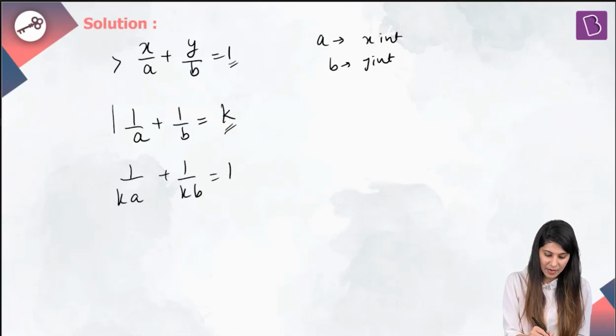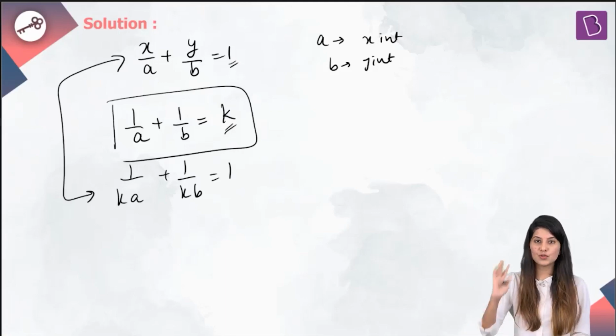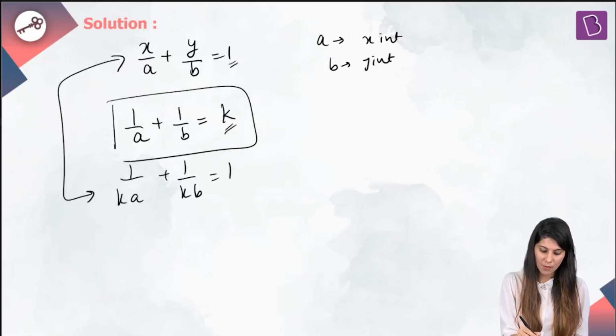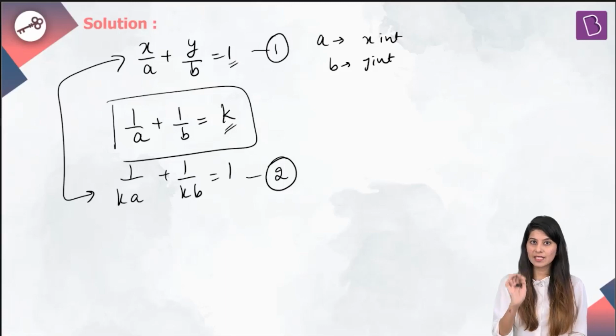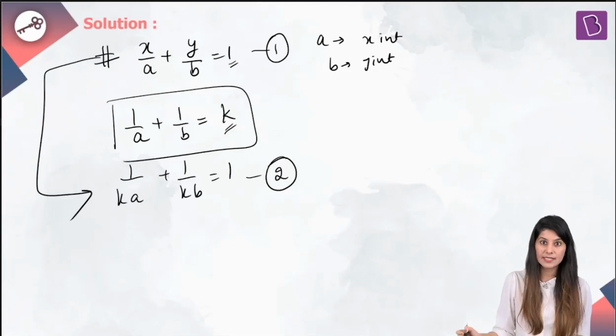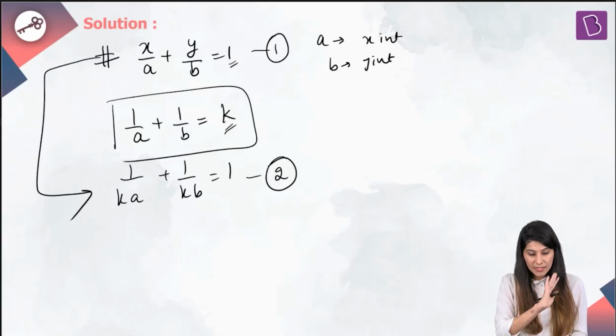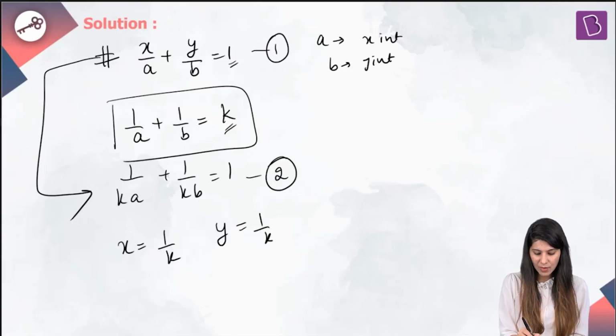Now forget this part and remember these two, only these two. You just need to look at equation number 1, equation number 2 and let me know the one thing which you are able to see. Which value of x and which value of y you need to put in this particular equation so as to get this equation? It is pretty simple that in the place of x I am putting 1 by k, in place of y I am putting 1 by k.